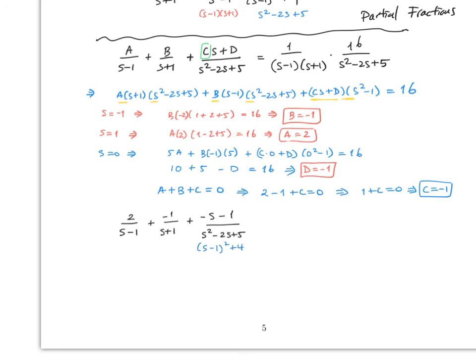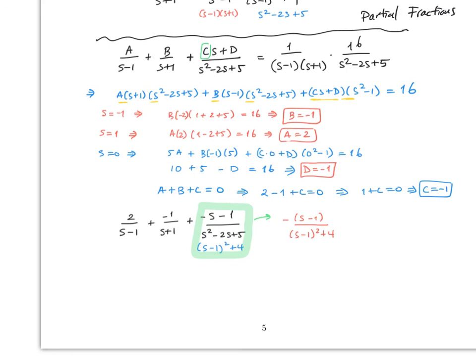And this is going to be very, very important, because now this part is exactly the same thing as minus. You can factor the minus 1, so it will be s minus 1, because on the bottom is s minus 1 squared plus 4.